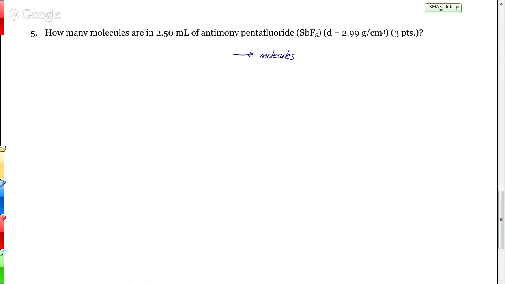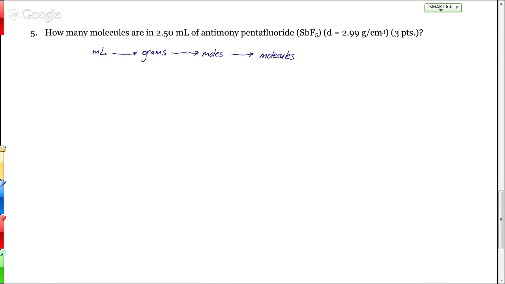So we have to have moles to be able to get molecules. And then moles we can get from mass. So that's going to be, in this case, grams. And then we can get grams from the volume using the density. So our conversion is going to be going from volume to mass, and then to moles, and then to molecules. All right, so let's set that up.